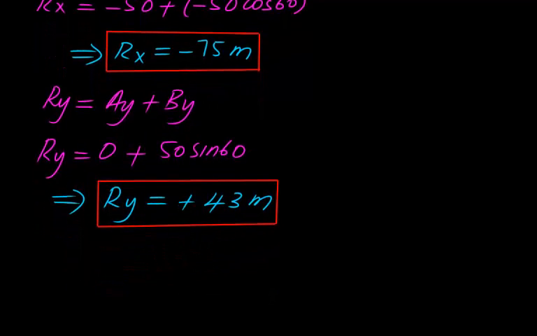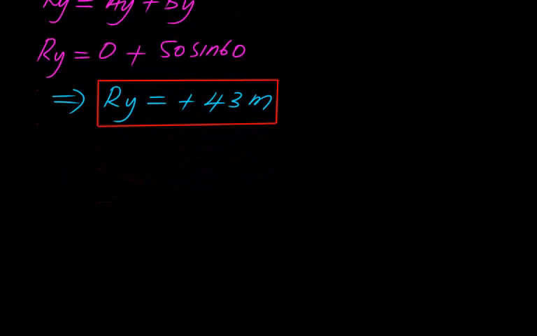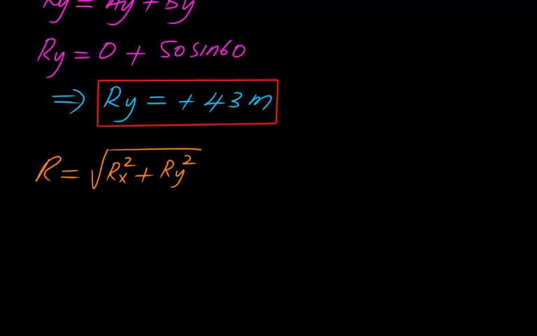Now that we have solved for both x and y components of the resultant vector, it's very simple to solve for the magnitude of the vector R using the Pythagorean theorem. R is going to equal the square root of Rx squared plus Ry squared. Solving for the magnitude of the R vector using Rx and Ry, we obtain 86 meters.